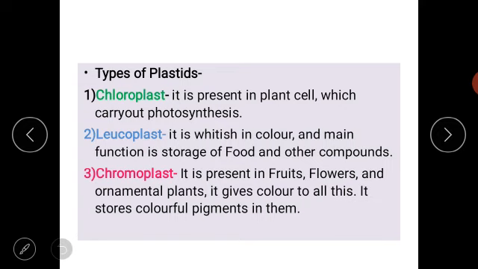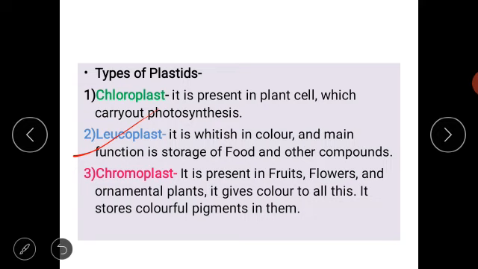Now we'll study the types of plastid. Chloroplast contains chlorophyll. It is a green plastid, and the green color is because of chlorophyll, which is useful for photosynthesis for the production of food. The second type of plastid is the leucoplast, which is nearly transparent or whitish in color.